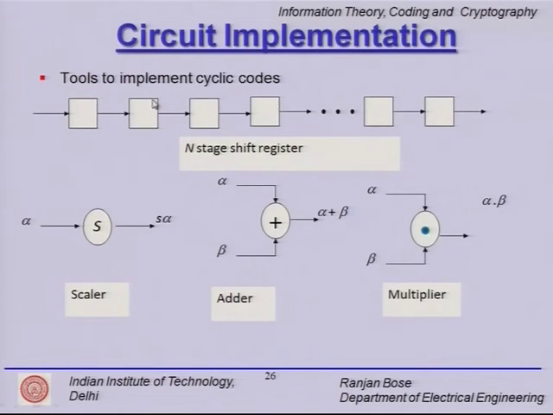Here are some of the circuit hardware tools we use: the n-stage shift register, a scalar multiplier, a simple adder, and a multiplier of 2 bits, for example. We have all of this very fast, cheap hardware available in today's technology, and therefore cyclic codes are exceedingly important.